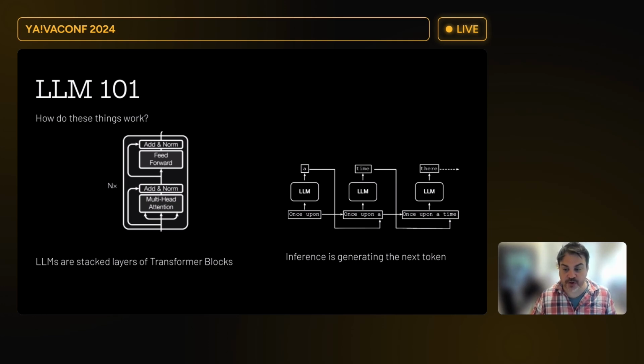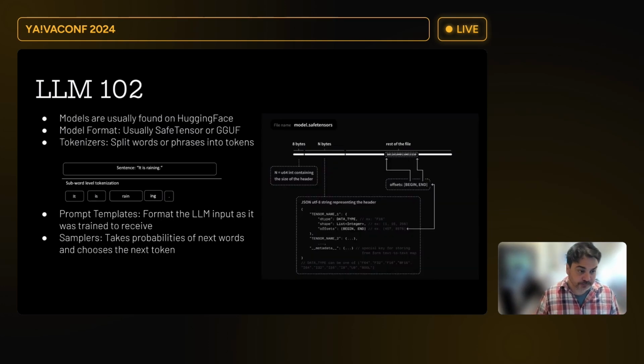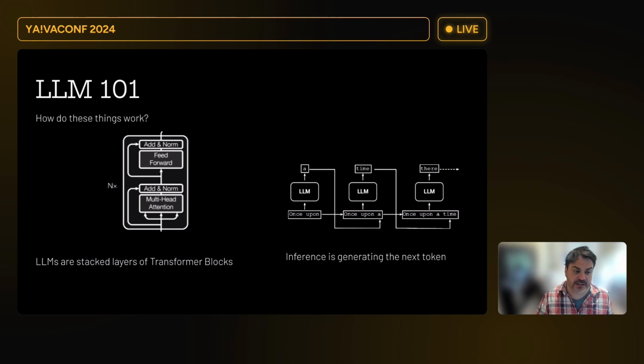So it's not super complicated from a conceptual standpoint. Now, in terms of the details, there's a lot more that goes on here. The models, as I mentioned, usually live on Hugging Face. That's the GitHub for open source models. There's the model format itself. These things are basically sets of matrices which map directly to these layers.